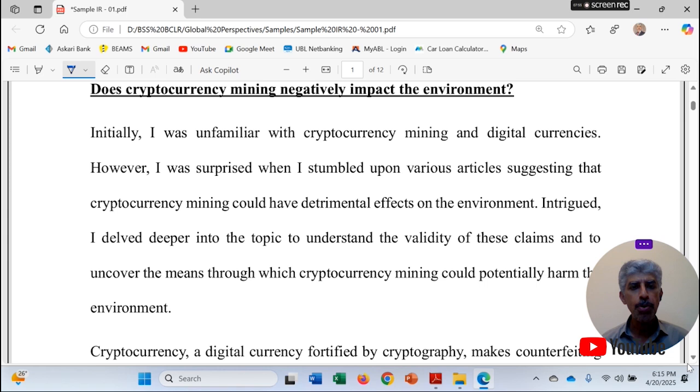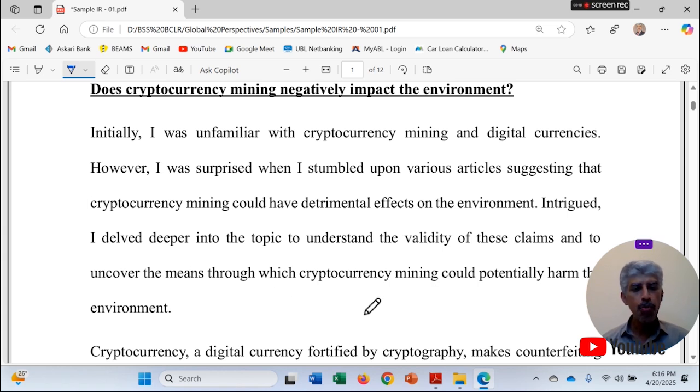Now, initially, I was unfamiliar with cryptocurrencies, and the student has started with a simple sentence about cryptocurrency mining and digital currencies. However, I was surprised when I stumbled upon various articles suggesting that cryptocurrency mining could have detrimental effects on the environment.